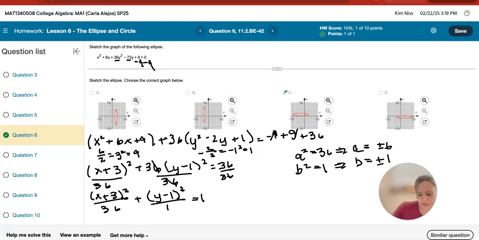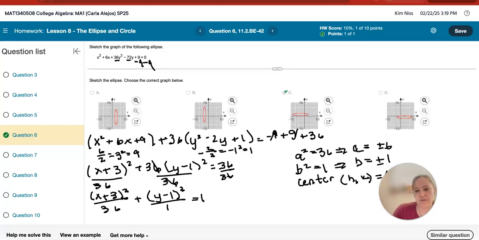Now we need to find endpoints of vertices. Well, we know that our standard equation has x minus h squared and y minus k squared, so our center is h and k, which equals negative 3 and positive 1.